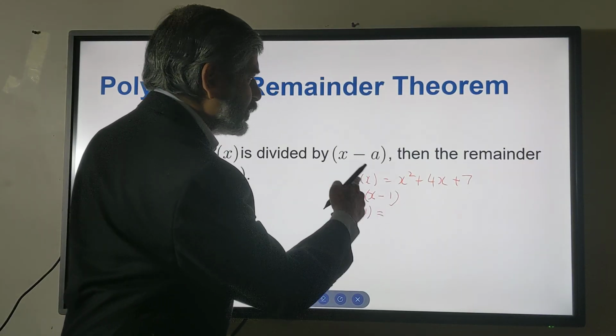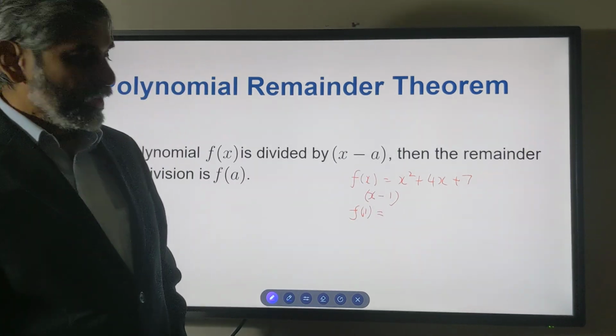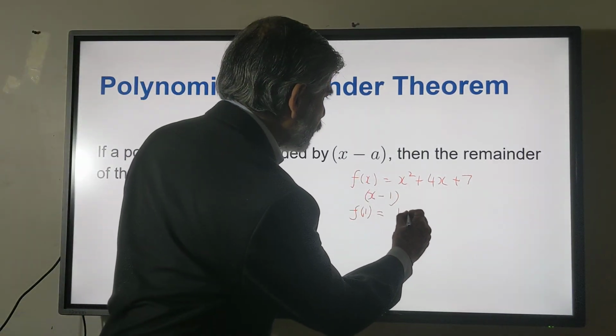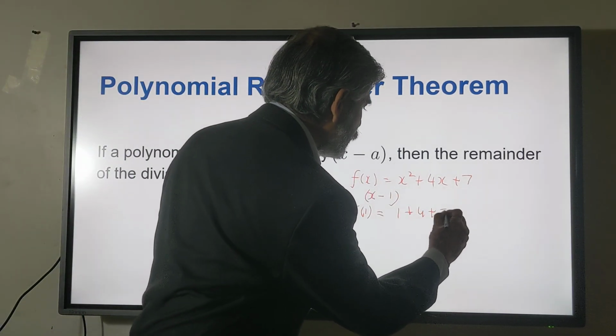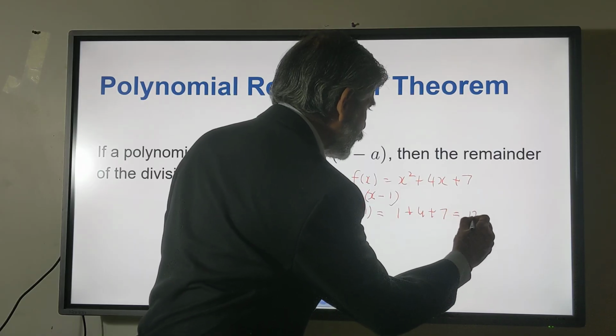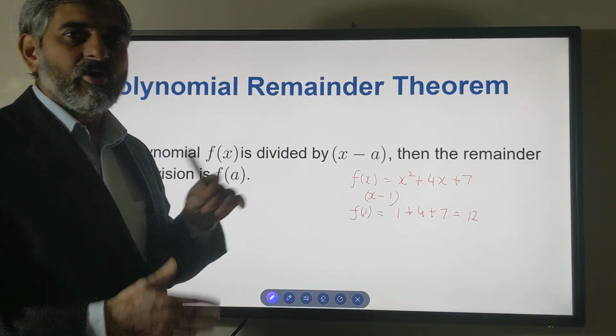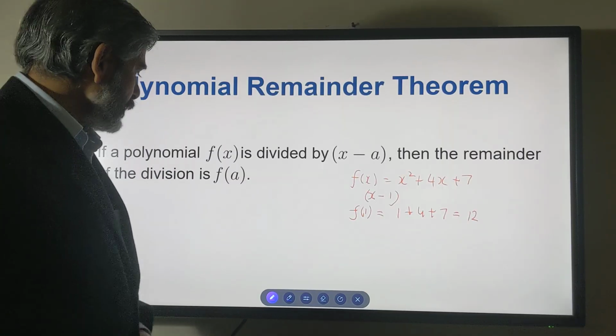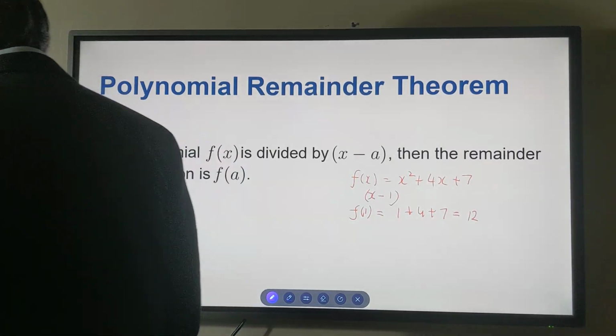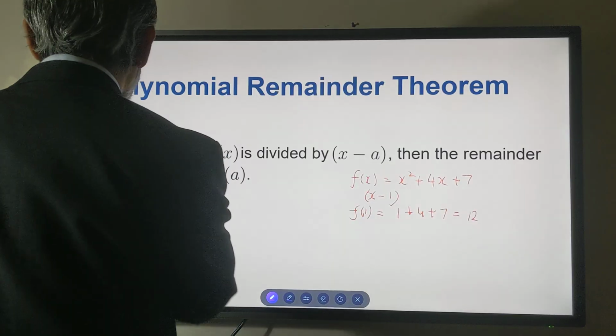So for example, if I divide it by x minus 1, the remainder is going to be 1 plus 4 plus 7, equal to 12. You will arrive at the same result using long division. So let's take a look at an example.